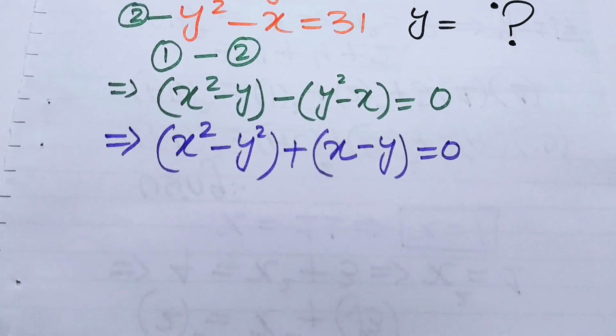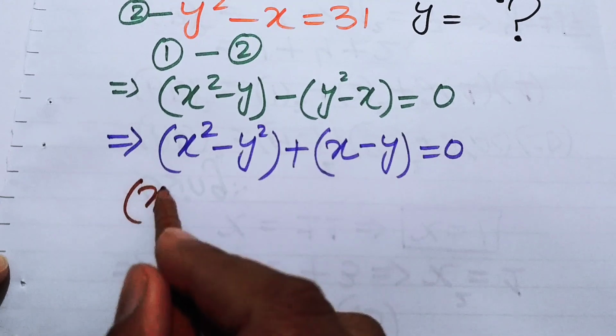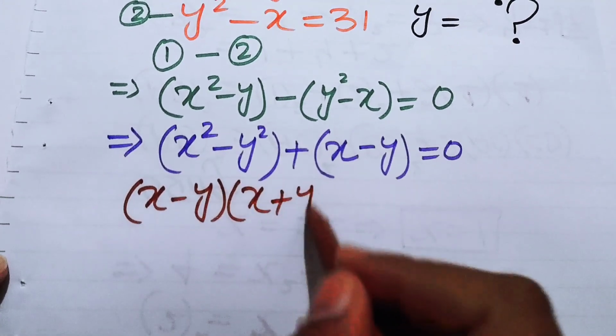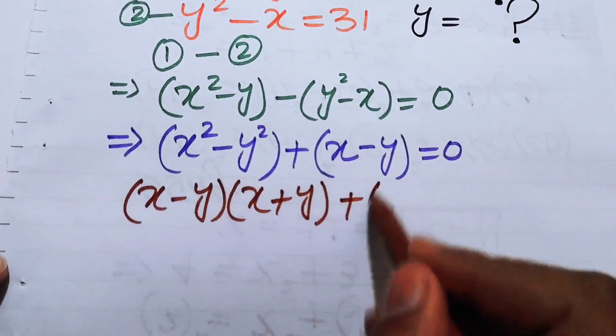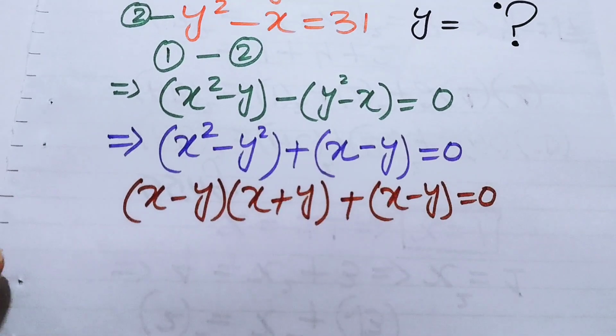In the next step we expand the nice square identity, which is x square minus y square, and we know that it equals x minus y times x plus y, and plus here we have x minus y, and it equals 0.